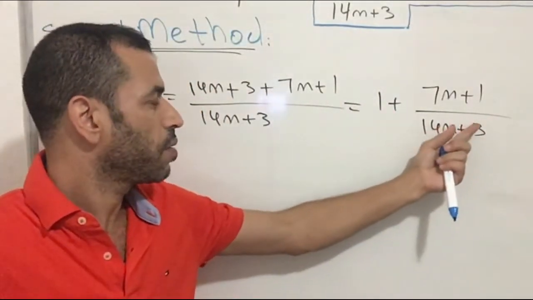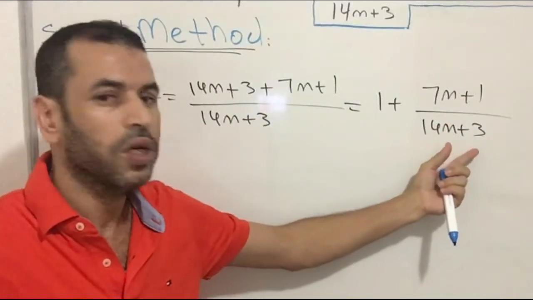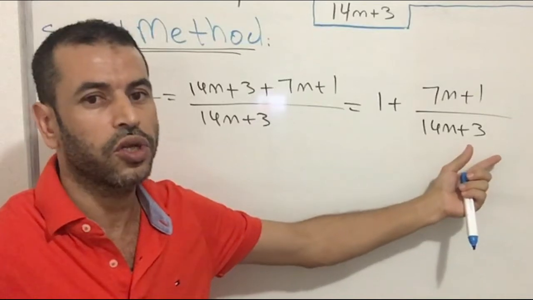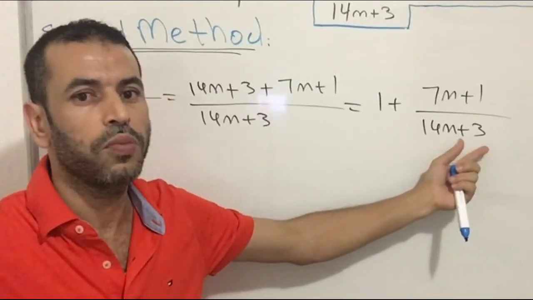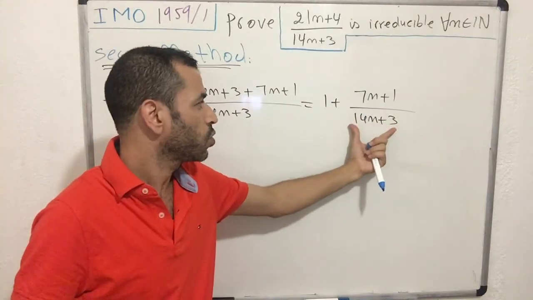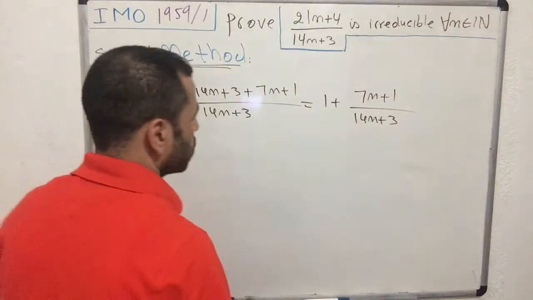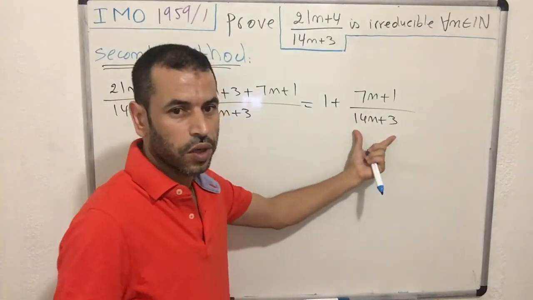That means 7n plus 1 and 14n plus 3 should be coprime numbers for all natural numbers for this fraction to be reducible. I'm going to write this one in another form to make it clearer.